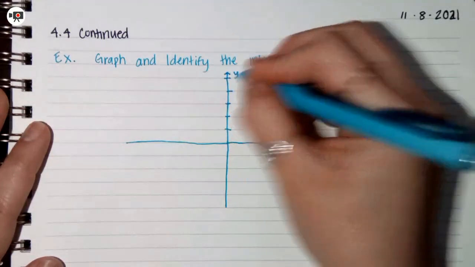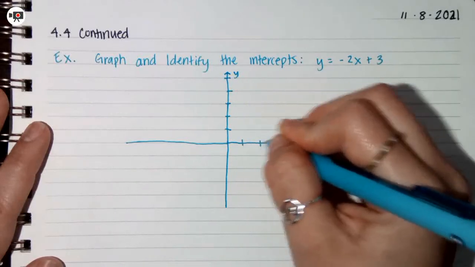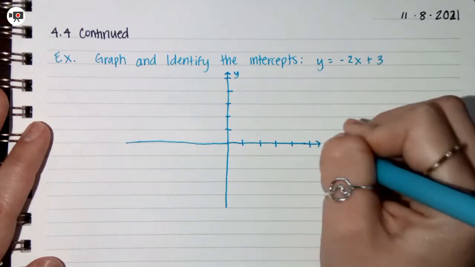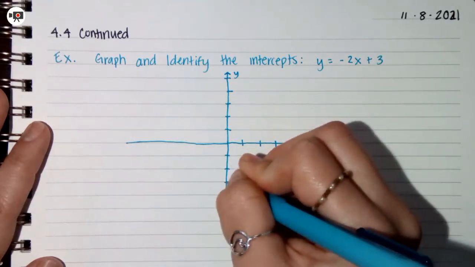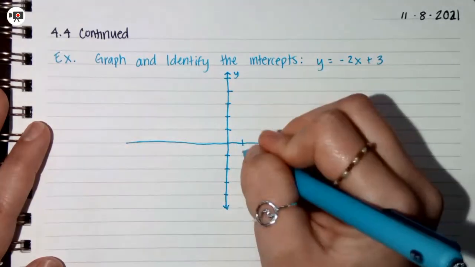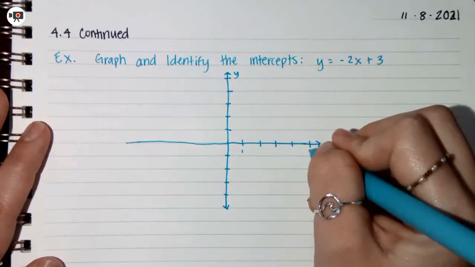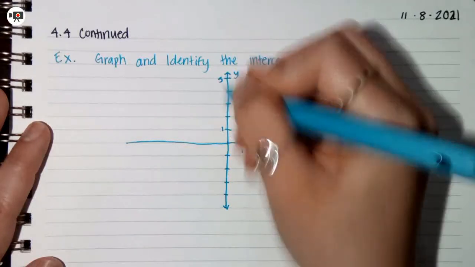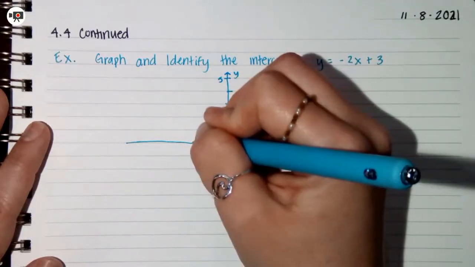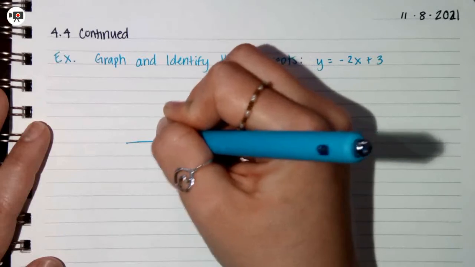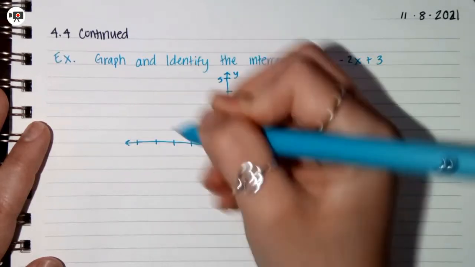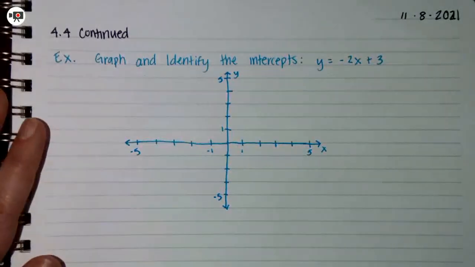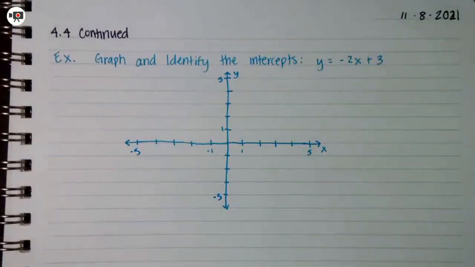Here is y. And x. So, I have my coordinates here with x and y.